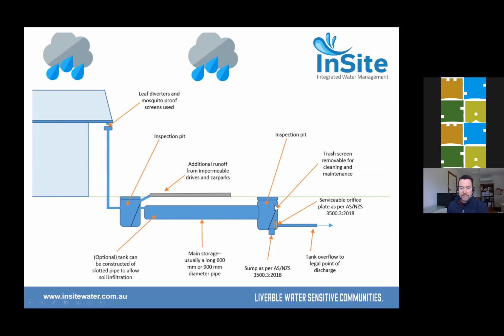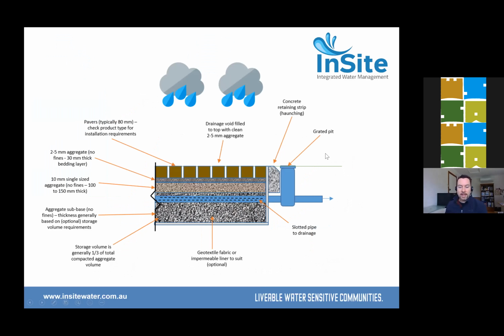That can be engineered. Normally you'd have a trash screen, a bit of a sump as per AS 3500. The storage itself normally happens in 900 millimeter pipes, which can be quite long, and you'll probably have some entry pits as well. So this is a traditional on-site detention system.